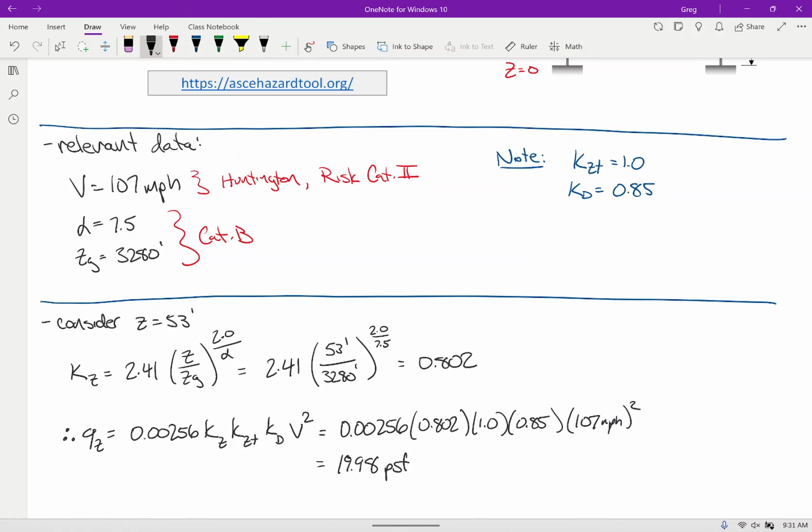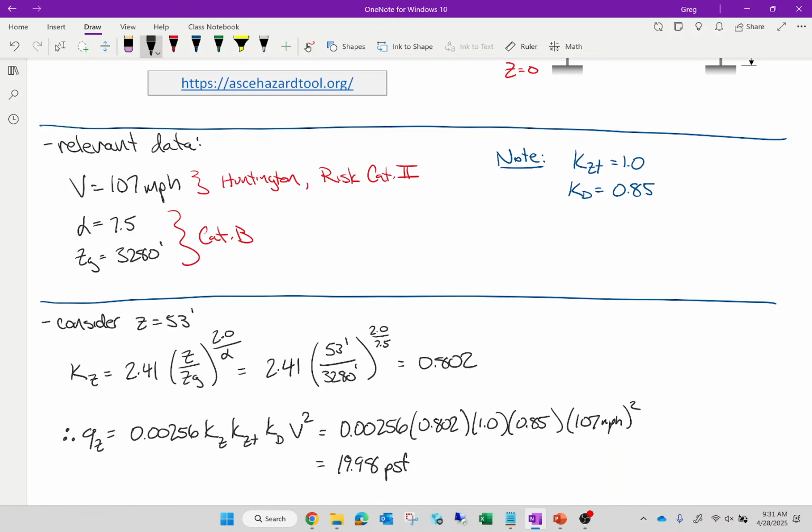So this is how you would calculate wind pressure as a function of height. Now we've got multiple heights for this building, and I tend to think that the easiest way to handle that is Excel. So just to run through a quick Excel calculation. Whoops, what happened? We lost my screen. Let's try this.